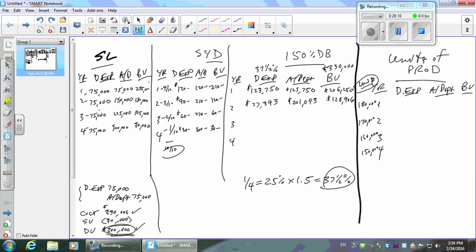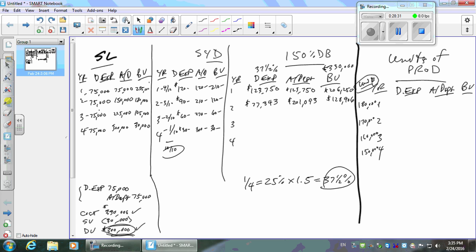Then what do you do in year 3? 37.5% of that. Now we want to be careful. We want to stop when we get to the salvage value of 30, but we're not anywhere near, are we? In the second year, did you take 37.5% of that 123,750? Oh, wait a minute, that's not what I got. It was 206.